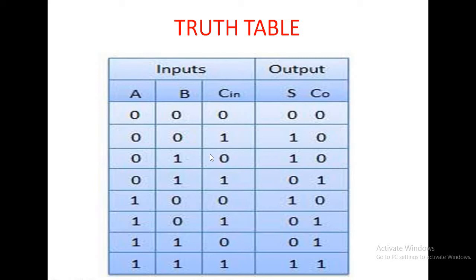How can I write these? First is 0, 1, 2, 3, 4, 5, 6, 7. So 0 means 000, 1 means 001, 2 means 010, 3 means 011, 4 means 100, 5 means 101, 6 means 110, 7 means 111.